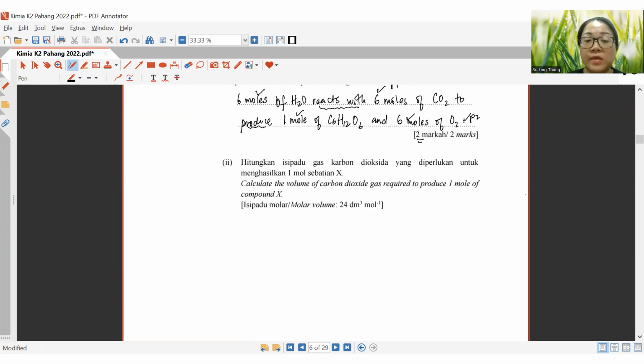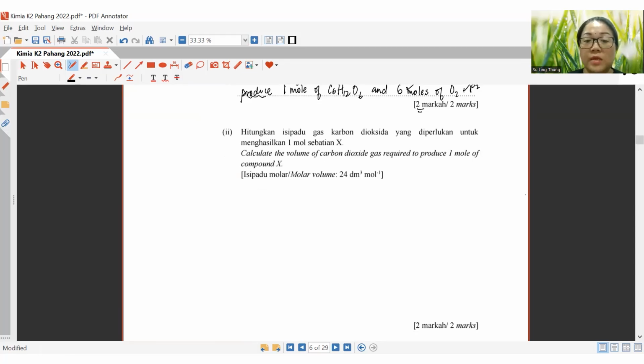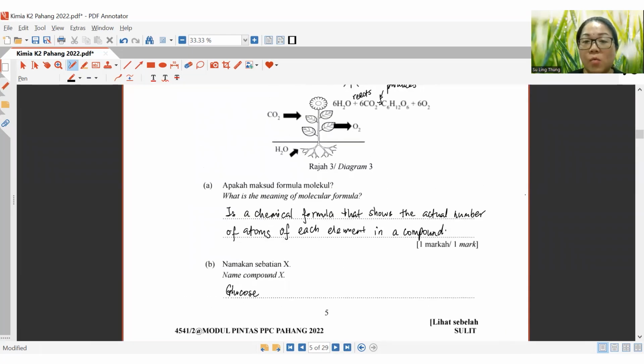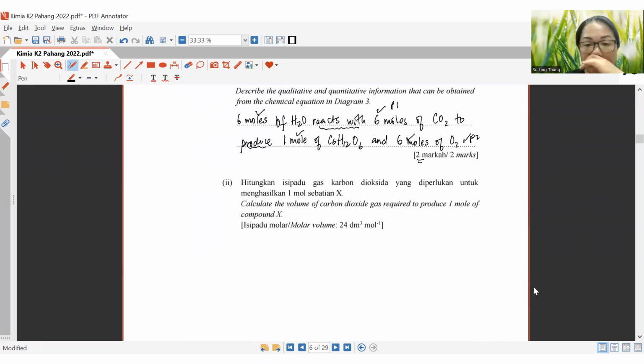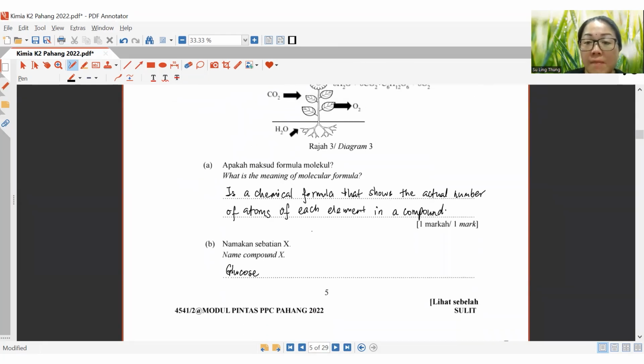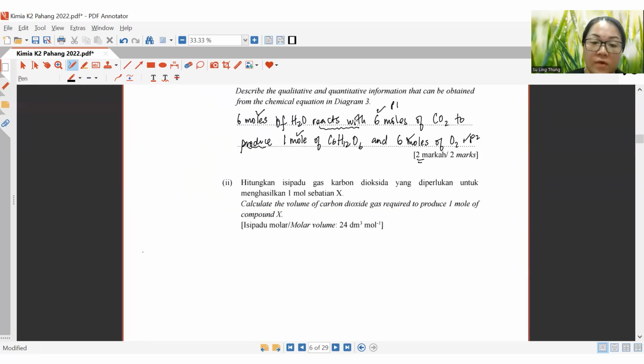Now, let's look at C2. Calculate the volume of carbon dioxide required to produce 1 mole of compound X. So you know that in this case, you need 6 moles of CO2 to produce 1 mole of C6H12O6.